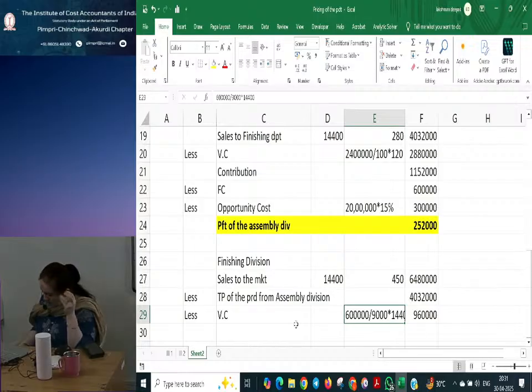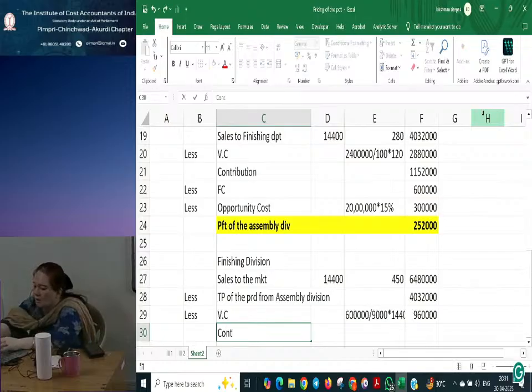So it was 6 lakhs for 9,000 units. But what will it be in case of 14,400 units? So I think this is the correct one. Do you agree? Are you with me? Yes, ma'am. So I don't know why they have not taken.